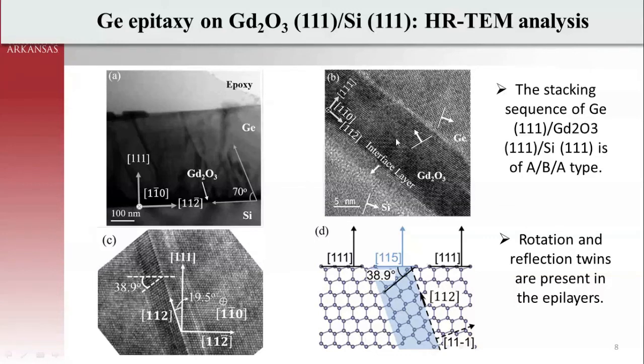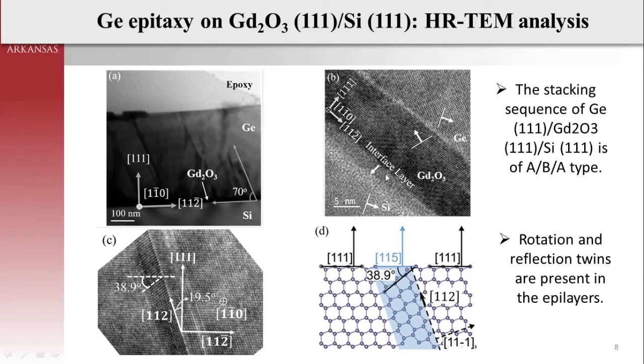Here in figure B, we have a high resolution image of the heterostructures, basically for the whole heterostructures. The type A and type B stacking sequence of germanium and silicon are the same. And this is what we have found in RHEED as well as by XRD, basically by using pole figure measurement.